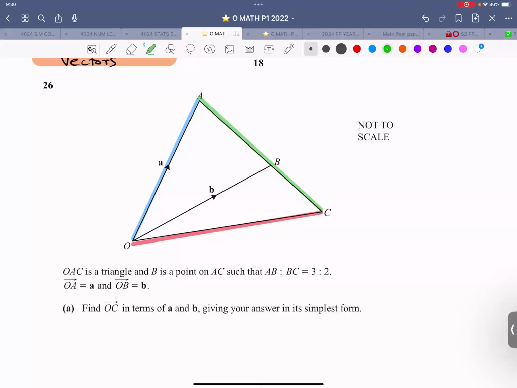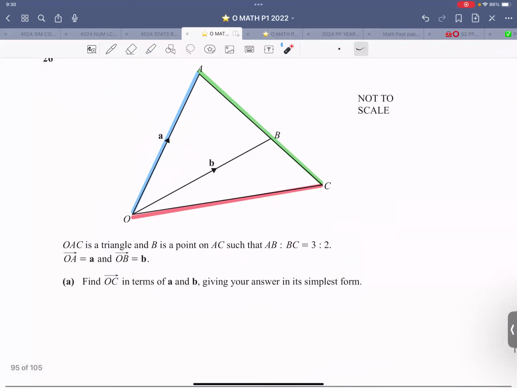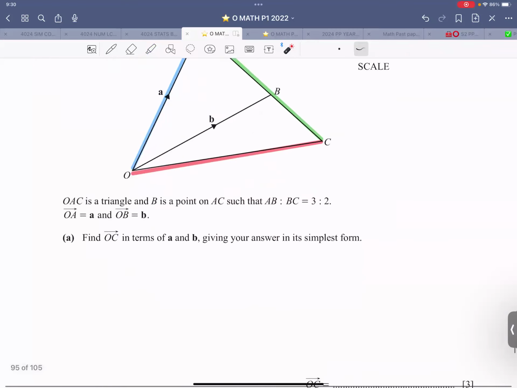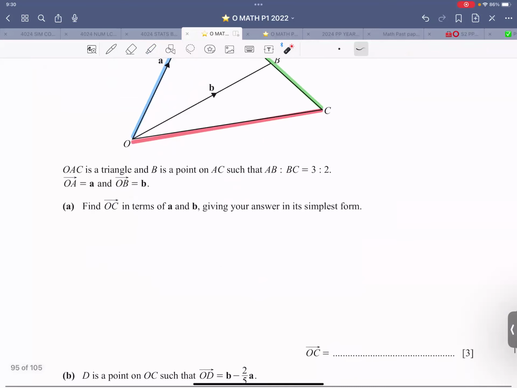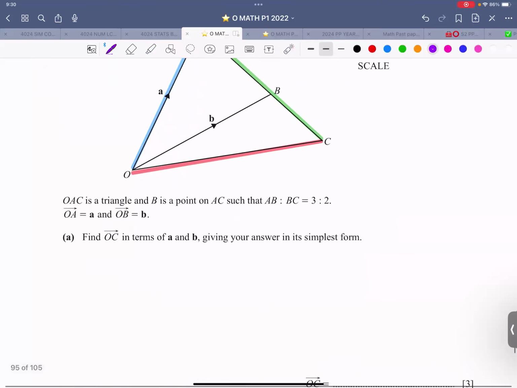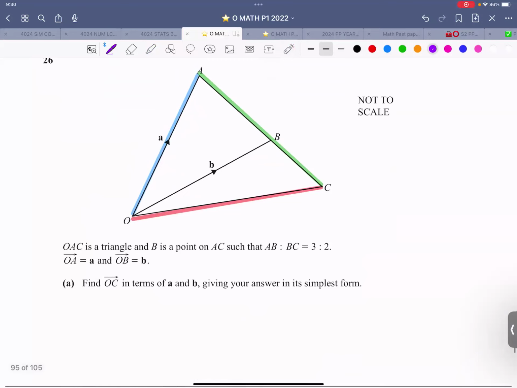So now if I focus on this big triangle, I know that OA plus AB, the shortcut is OC. So OA plus AB is equal to OC. That's one thing we'll be using. But before that, let me draw another line that I need. That's a purple one.